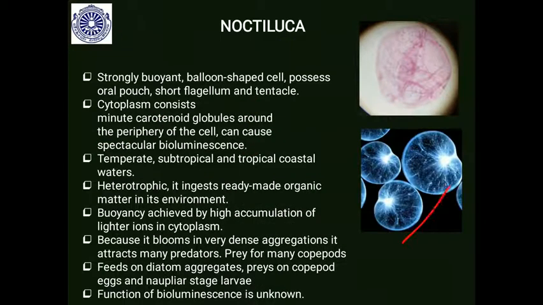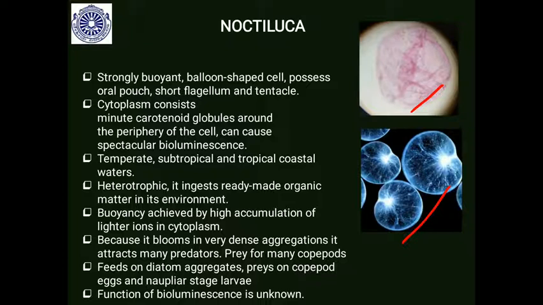So this is how the Noctiluca looks if you take the water with a lens. But what you are seeing in the lab is the permanent slide, stained with hematoxylin.